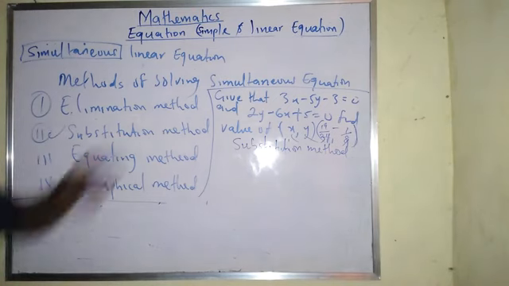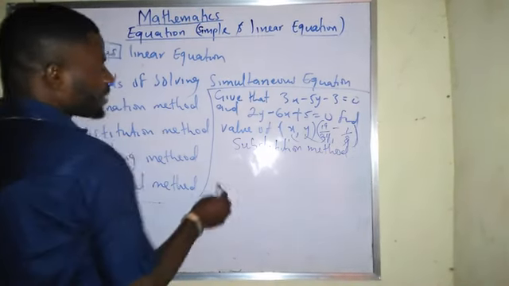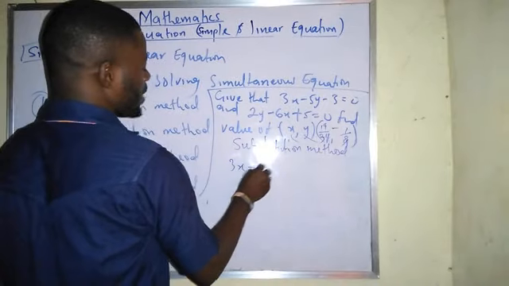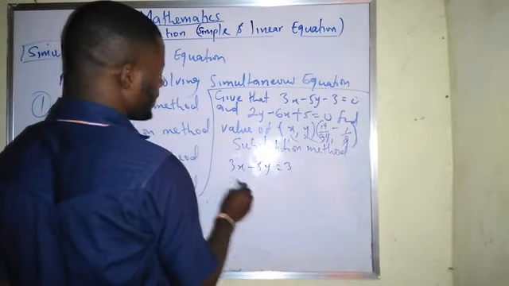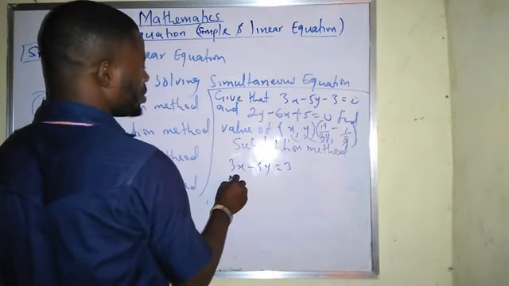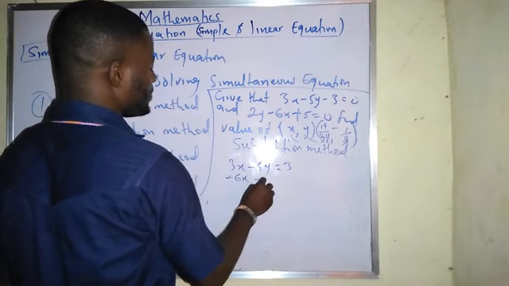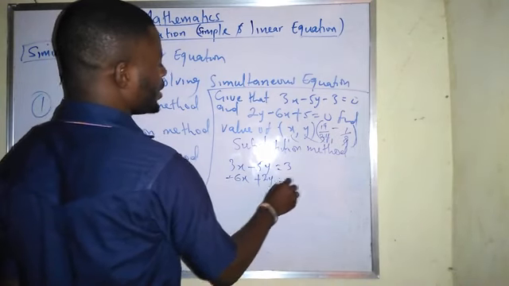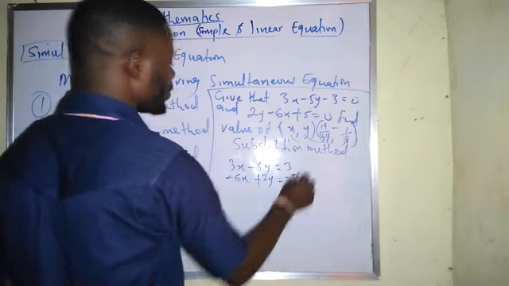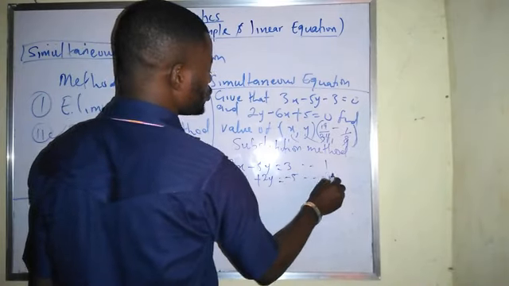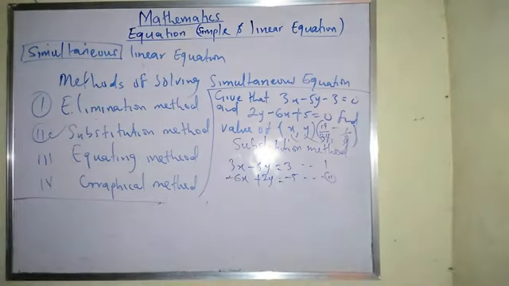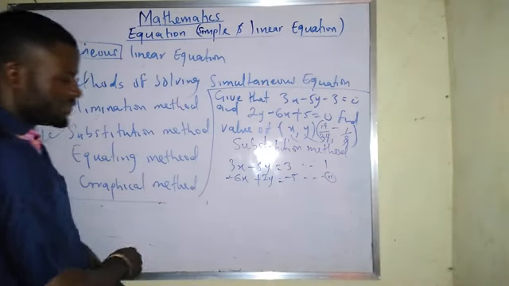Just to explain with this, I will come back again by having 3x minus 5y equals 3, and minus 6x plus 2y equals minus 5. Equation 1, equation 2. Now, if I'm to use substitution method, it's very long. I don't even like using it, but let me quickly use it for you.